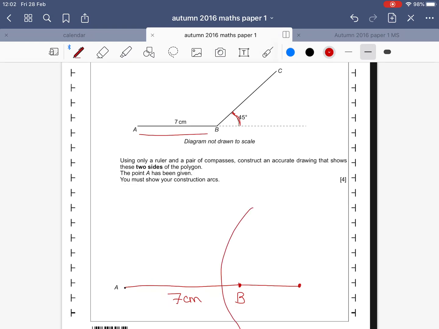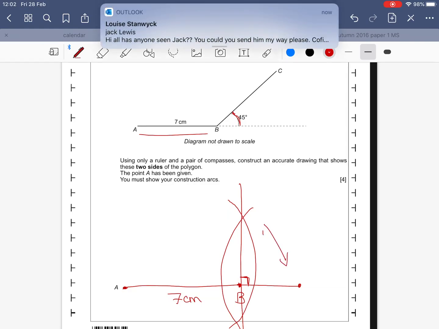I'd put my compass point on this end, so near A, stretch out to B, and draw an arc. So I'm drawing a fish, and now I need to gut my fish. So I would cut that line then directly down where B is. So I've made a 90-degree angle here. I now want a 45-degree angle, so I want to cut this in half.